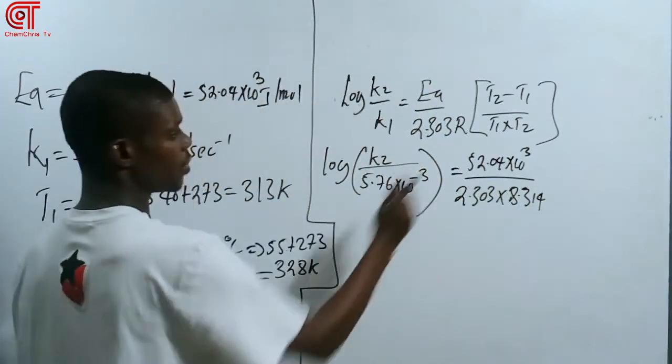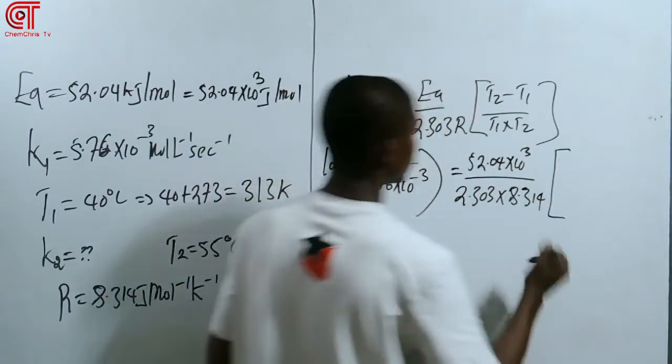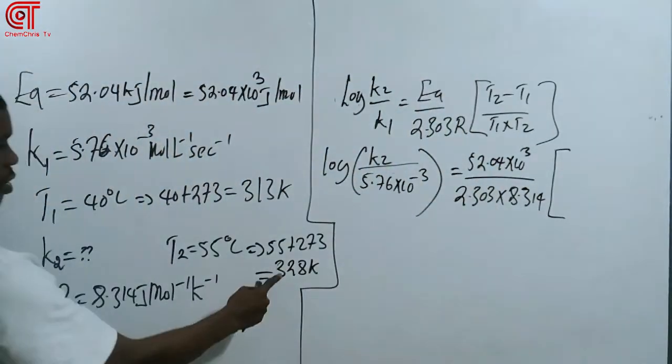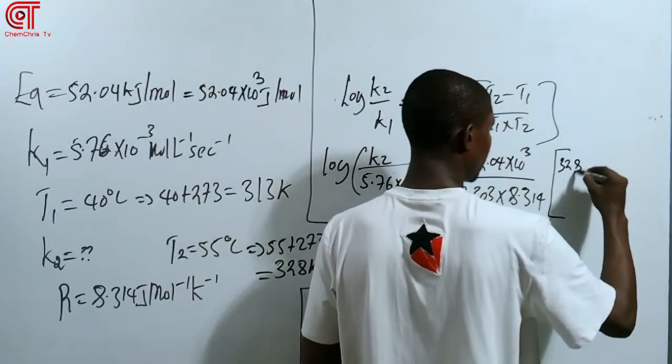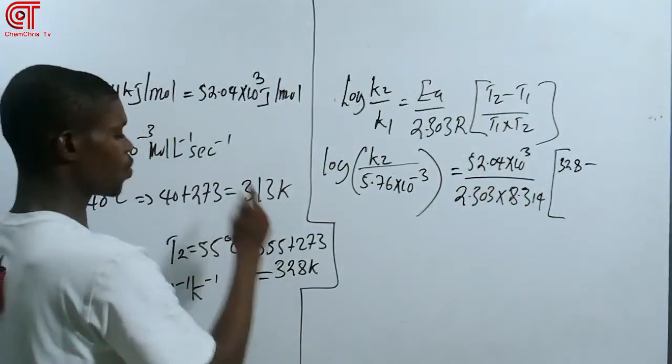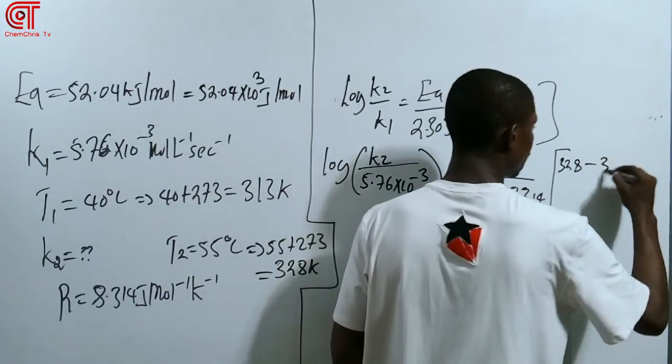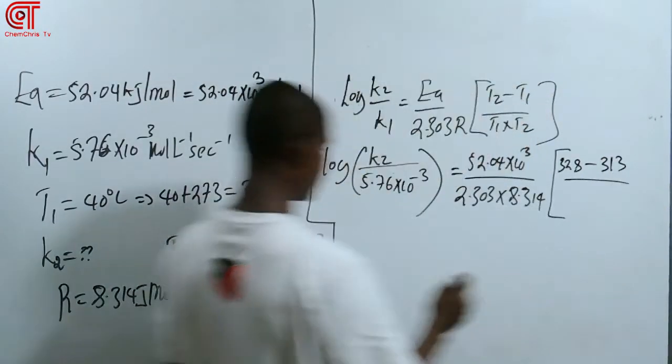Then we have this one here: T2 is 328 minus T1 which is 313, over the product of 313 times 328.